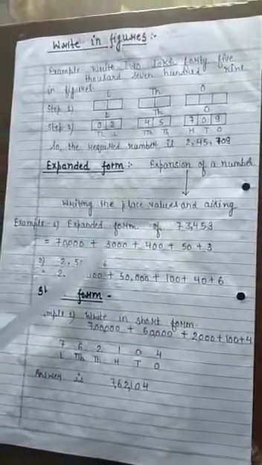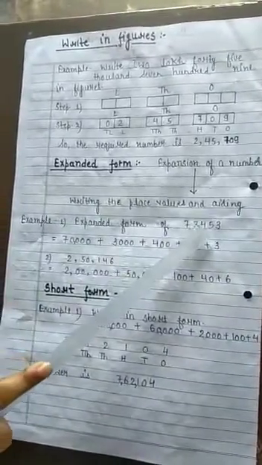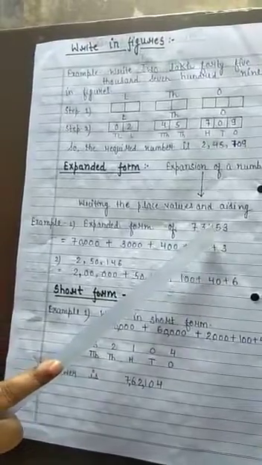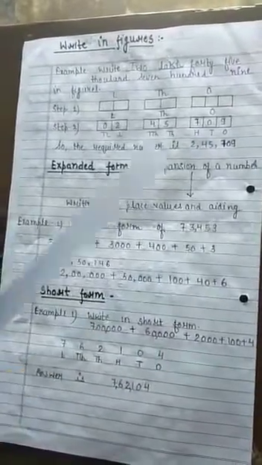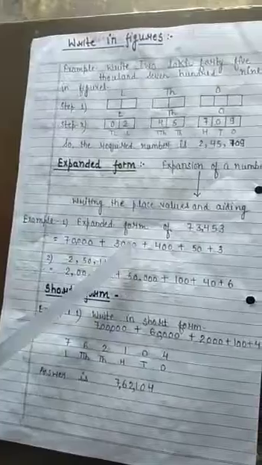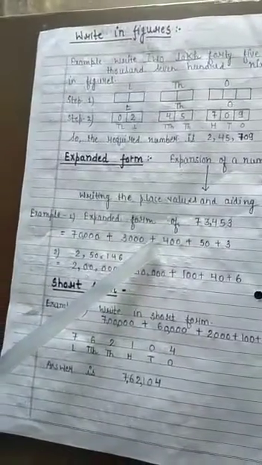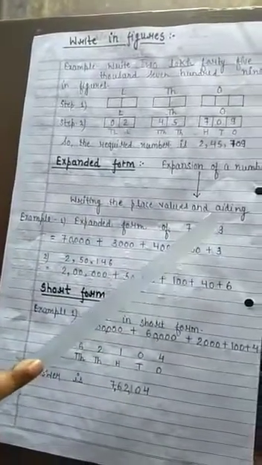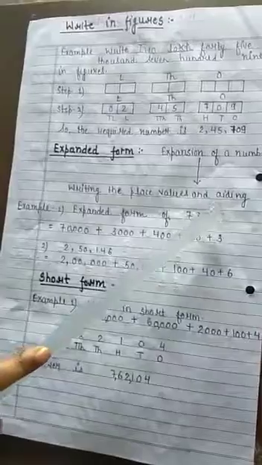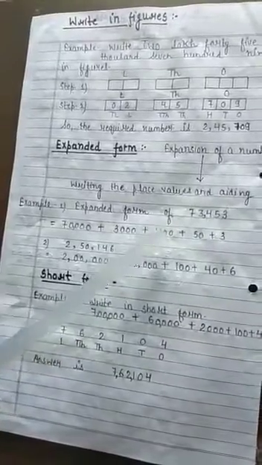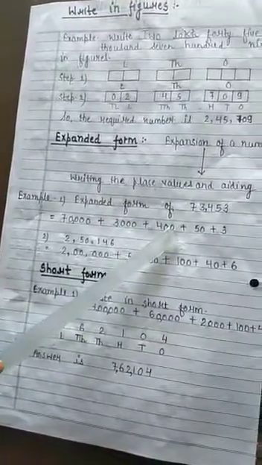So here write down 3 and count the digits after 3, that is 1, 2, 3. So we will put 3 zeros after 3. Now again making a plus sign, we will move further and the next digit is 4. And how many digits after 4? Only 2. So we will put 2 zeros after 4.